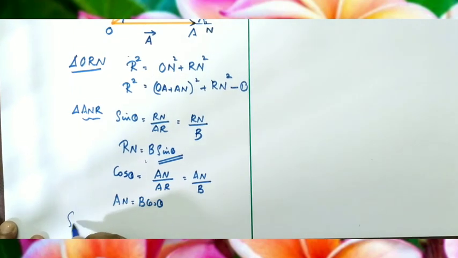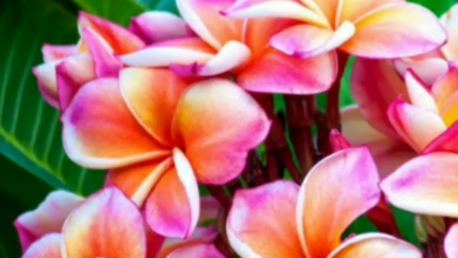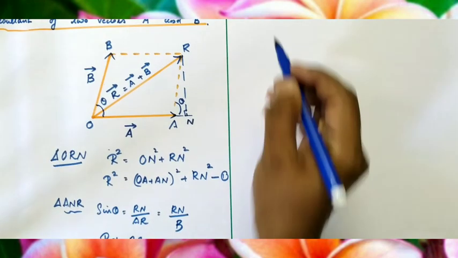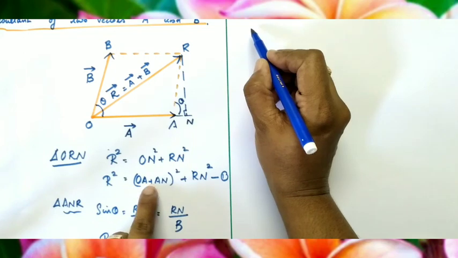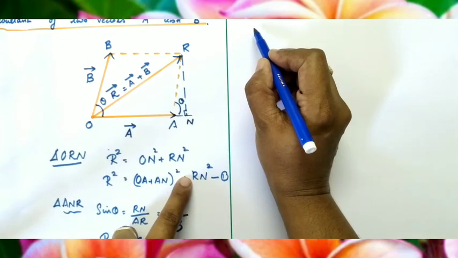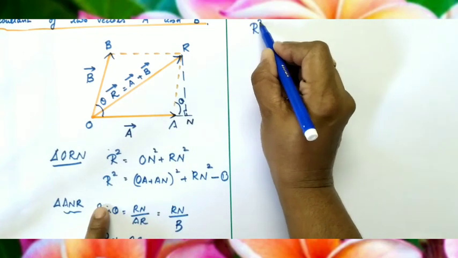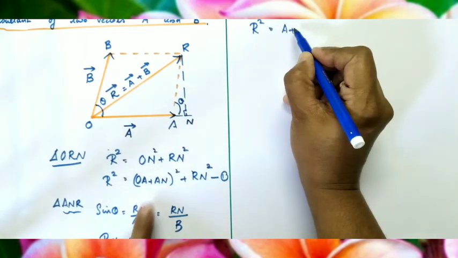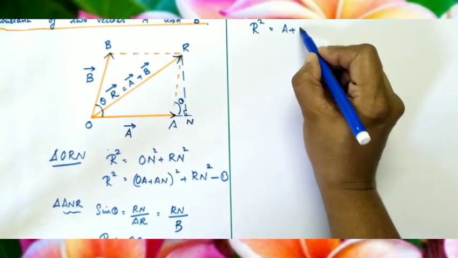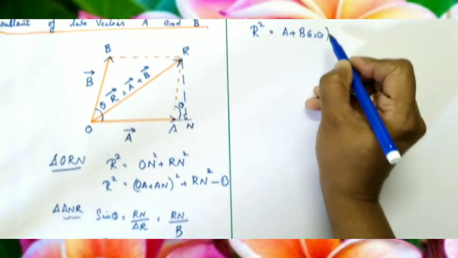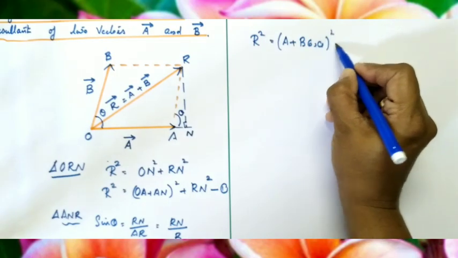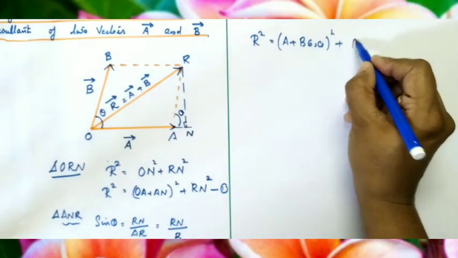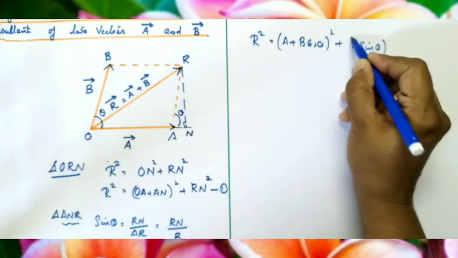Substituting in the first equation, we can write: first equation is R square equal to OA plus AN the whole square plus Rn square, isn't it? So substituting, R square equal to OA, what is the value of OA? A. So A plus AN, we got the value of AN as B cos theta, the whole square, plus Rn, Rn equal to B sin theta, the whole square.